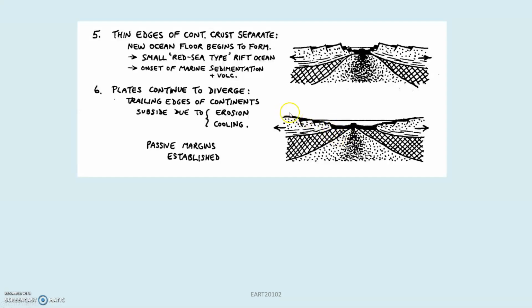And so we get thermal subsidence associated with that. So we get a sort of a rise in sea level as this moves away. So at this stage we've established these passive continental margins, and we've generated a new ocean in here.